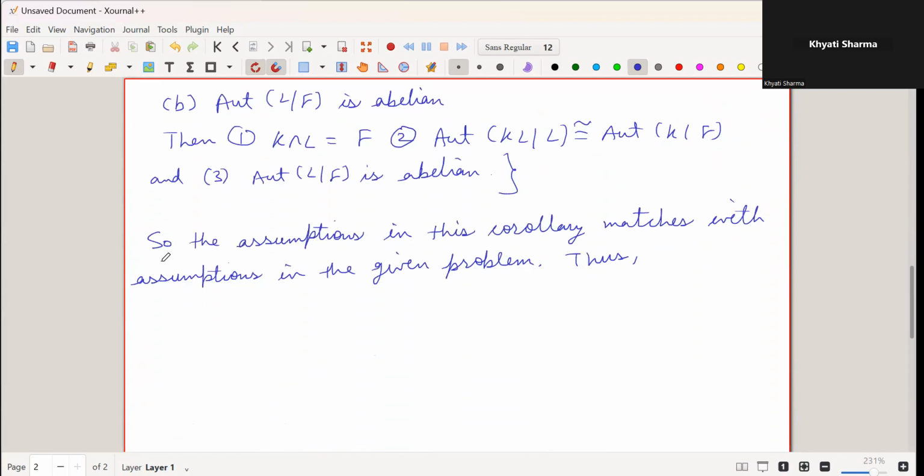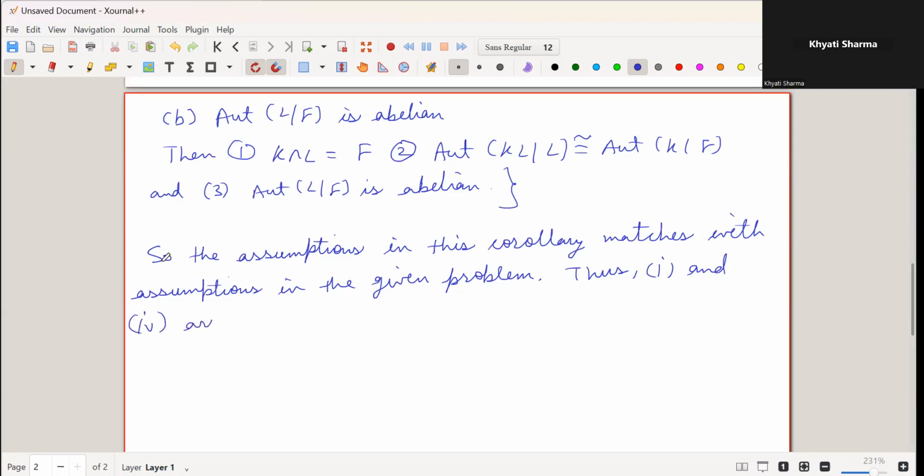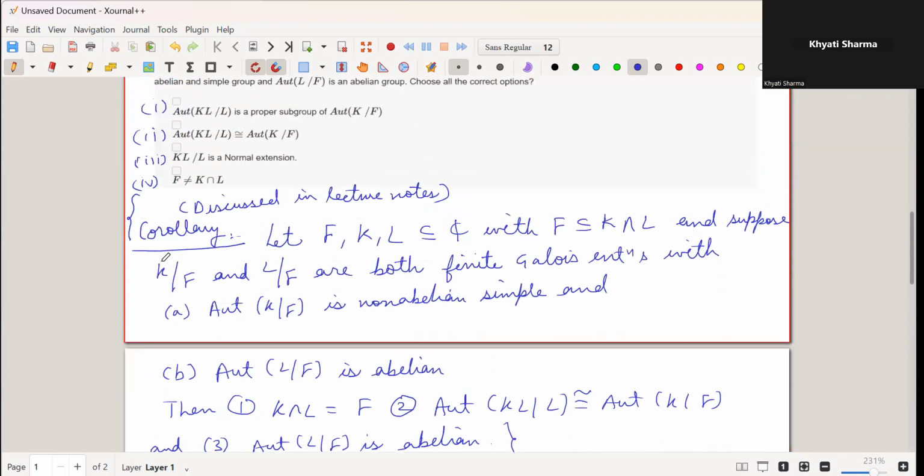So the first and fourth options are not correct, because the fourth option says F is not equal to K intersection L, but actually this is equal to K intersection L by this corollary.